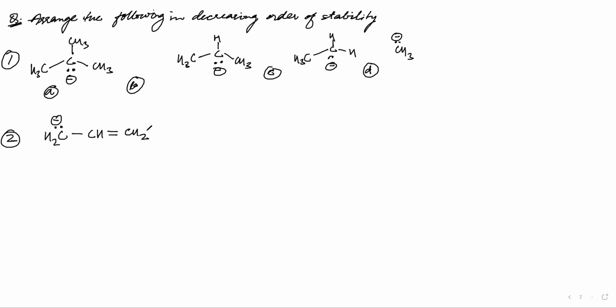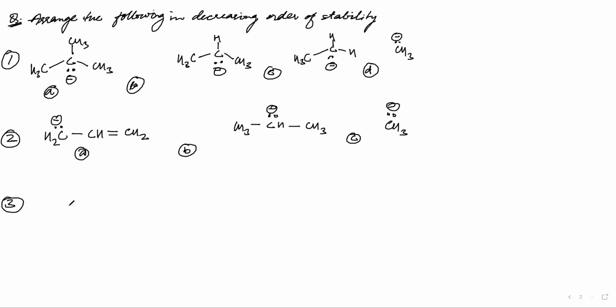This is A, this is B. If I have CH3, CH, and CH3, I can also have a CH3 free radical like this, CH3 carbanion.